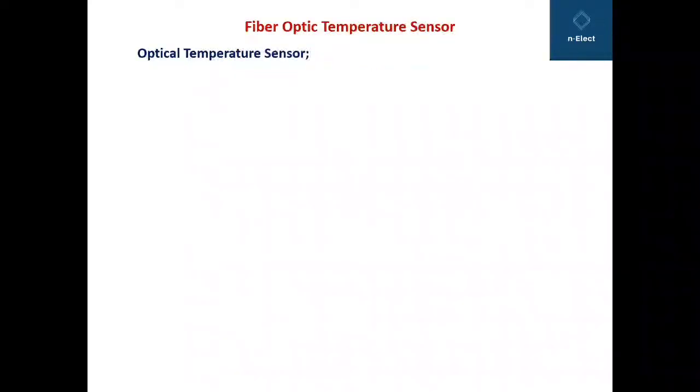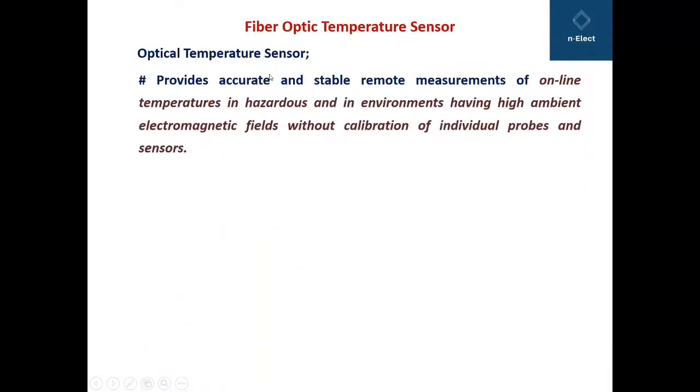Fiber optic temperature sensor. It's basically an optical temperature sensor. It provides accurate and stable remote measurements of online temperatures in hazardous environments and in environments having high ambient electromagnetic fields, without calibration of individual probes and sensors.